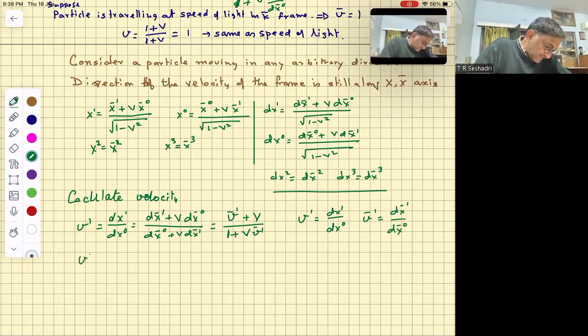Now I calculate V2. V2 is equal to dx2 by dx0, and the numerator is the same as dx bar 2.